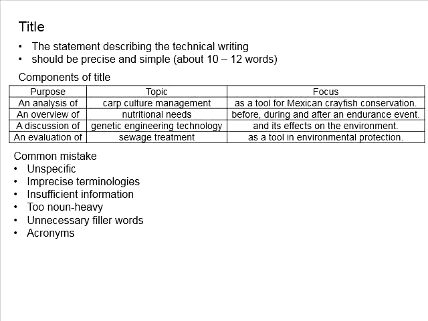Another thing that you would like to know about the title is that the reader treats the title as one of the criteria to filter the content of the technical writing. By just reading the title, the reader can more or less grasp the ideas within the technical writing. That will be the first layer of filtration.